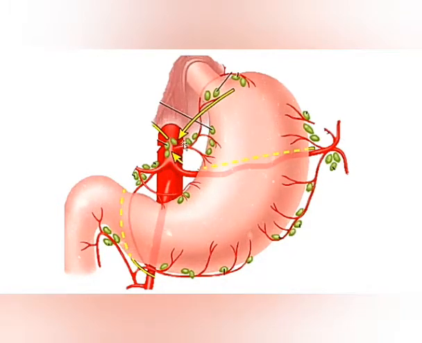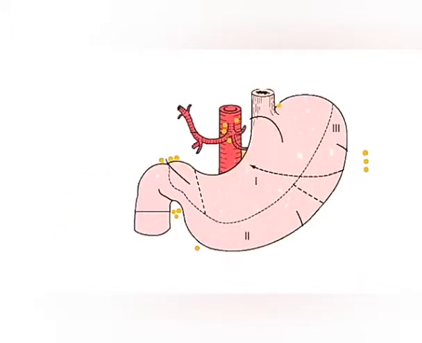The left gastric artery, which is the area number 1 as we have shown, this part goes into the superior gastric group of nodes, and the area number 4 as we have shown here, goes into the suprapyloric nodes. So these are the lymph node supply you should remember. These are the lymphatic groups you should remember, and this is one of the very commonly asked questions in the exams, to draw the lymphatic drainage of the stomach.